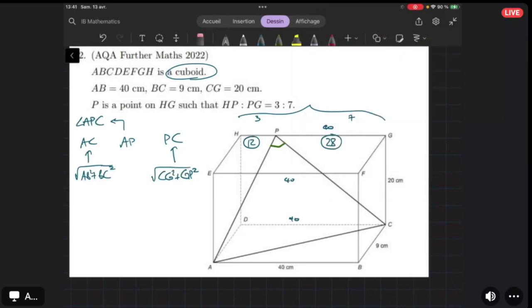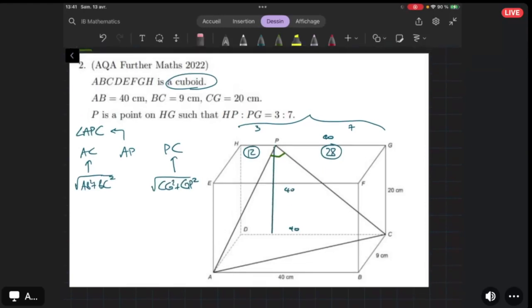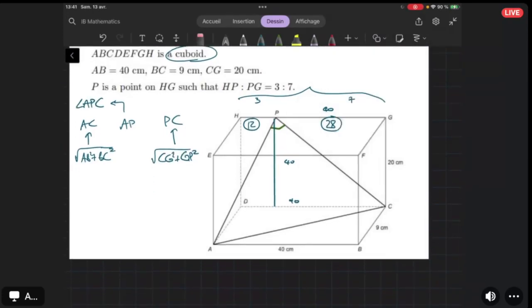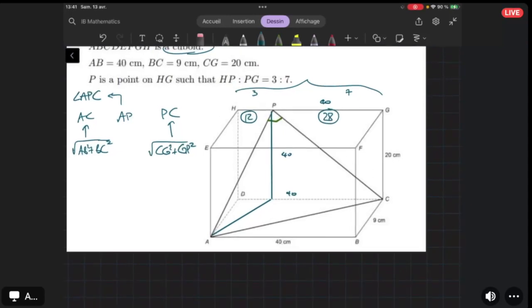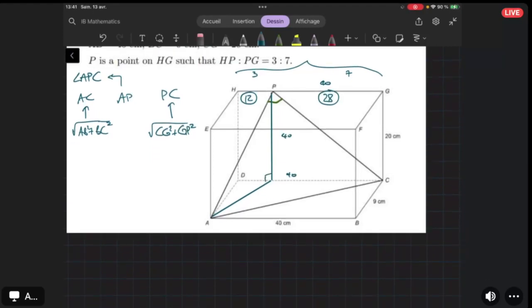How do we calculate AP? Well, allow me to introduce perpendicular lines. Let's just call point M out of nowhere.